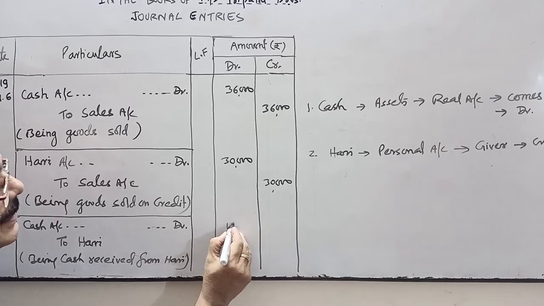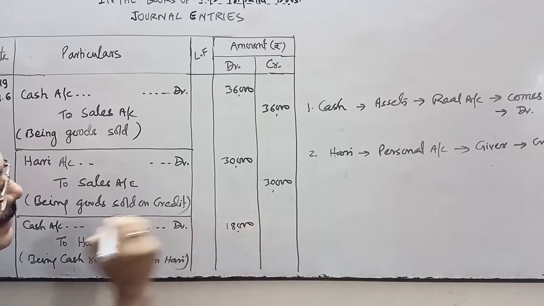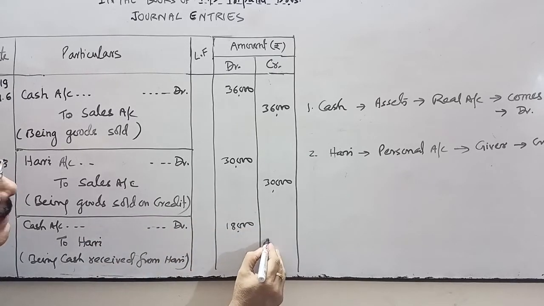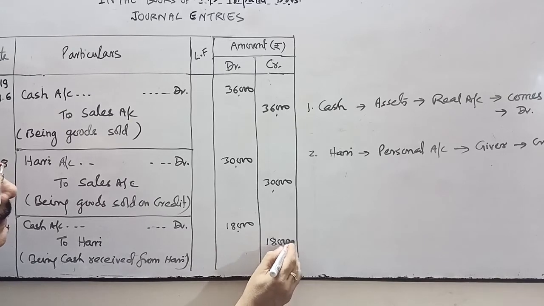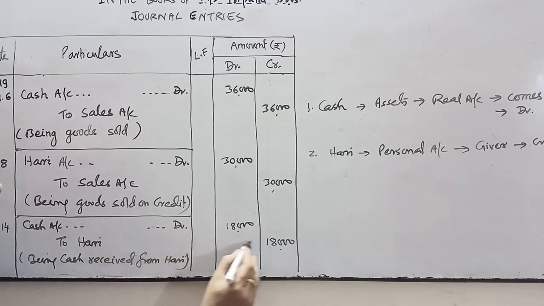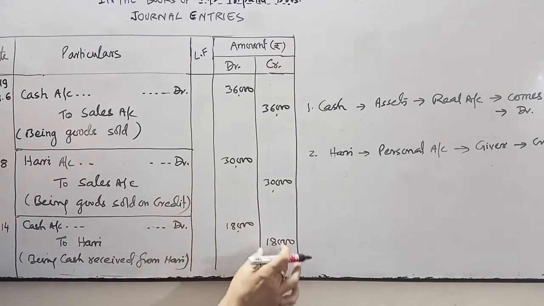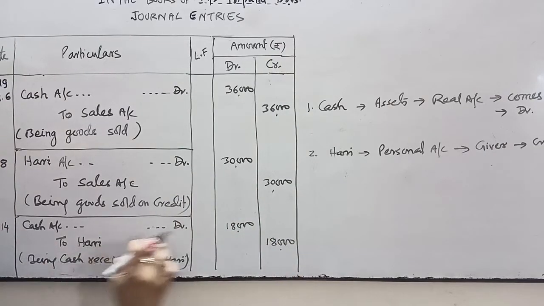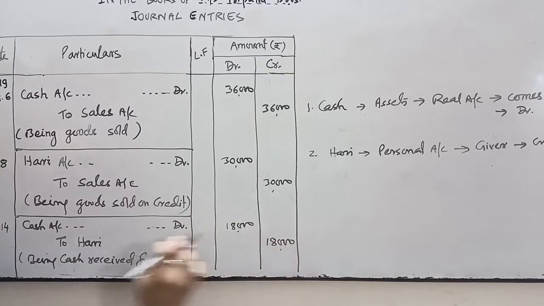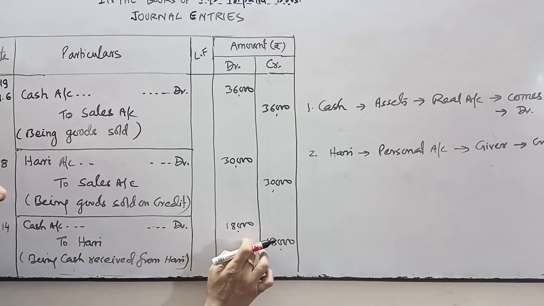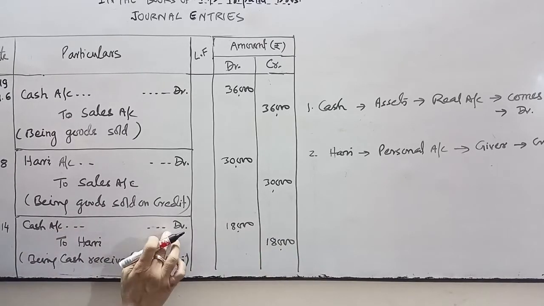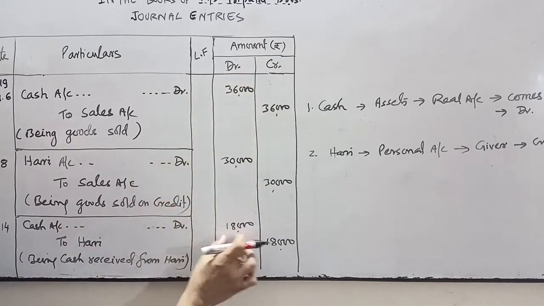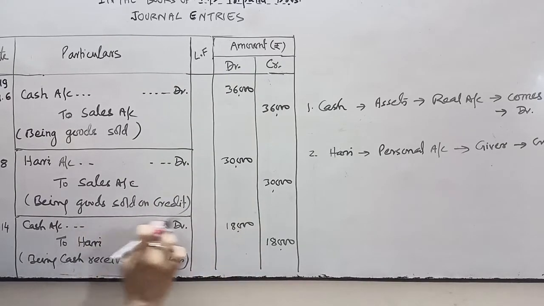So 18,000 is on debit. Cash 18,000, and Hari has given 18,000. Hari is credit, so in the credit column I will write Hari, straight to the Hari account. Cash is debit, so in the debit column I will write 18,000, straight to that.